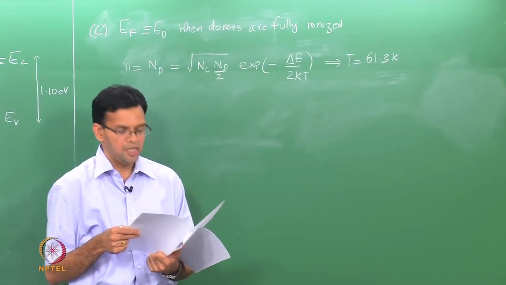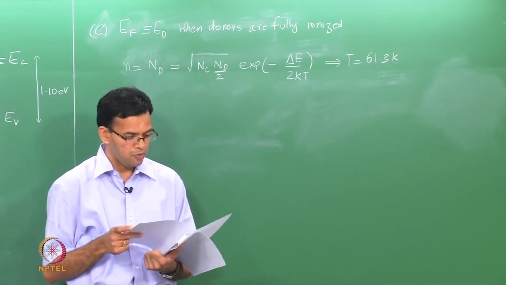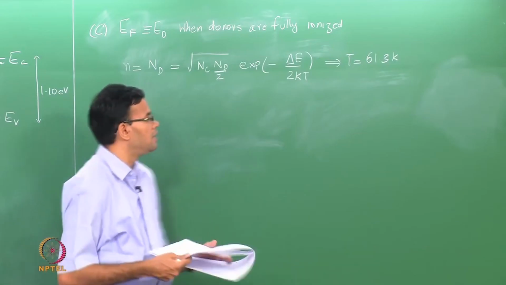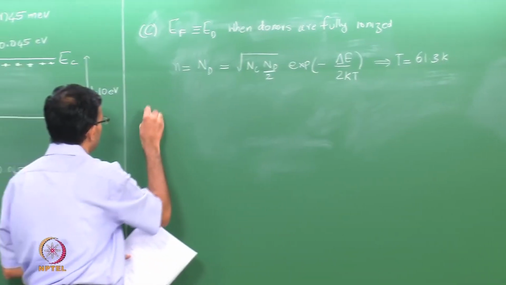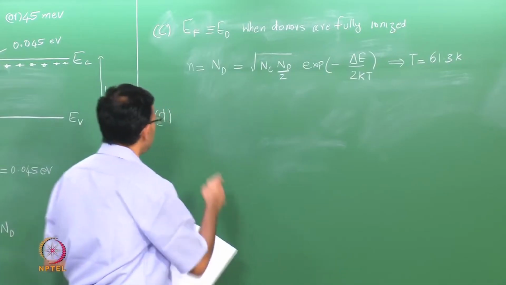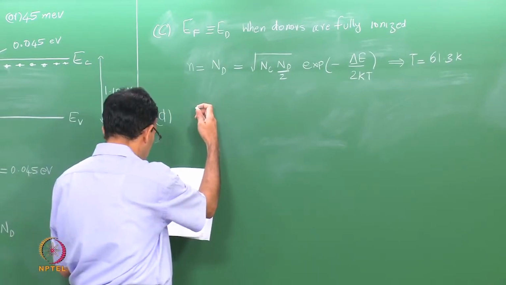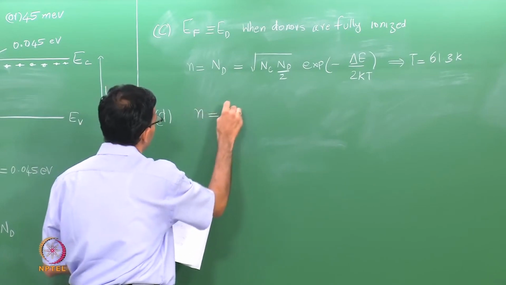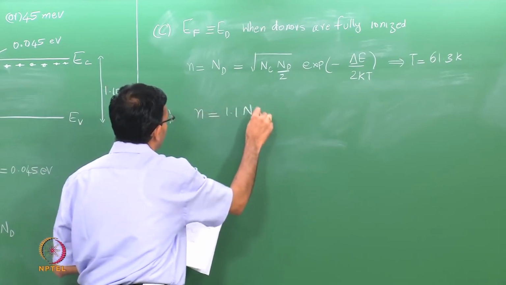Part D, estimate the temperature when the sample behaves as if it is intrinsic. When the sample behaves like an intrinsic semiconductor, N is around 1.1 Nd.